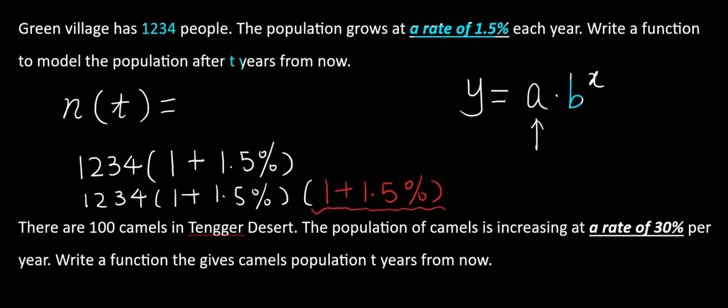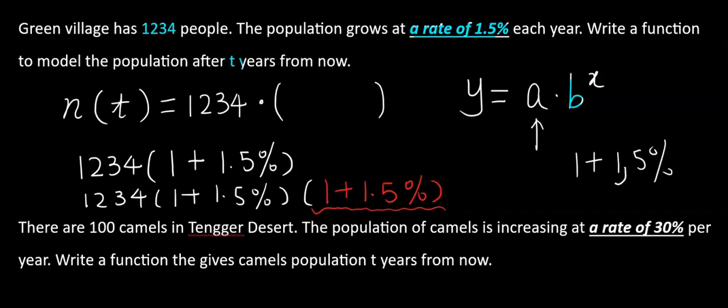For this reason, we're going to write N of t is, we begin with the number 1,234. We times open close parenthesis. You can finish writing what is 1 plus 1.5%. You move the decimal point to the left 2 times.